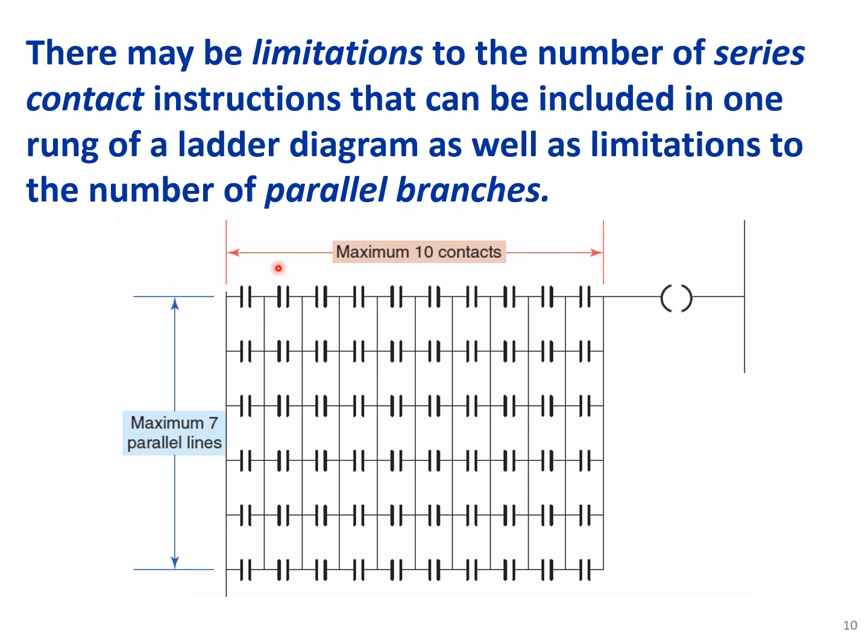For example, here, the maximum number of contacts we could have in series is 10, and the maximum parallel lines is 7. We cannot go beyond these limits, and we need to find the equivalent.